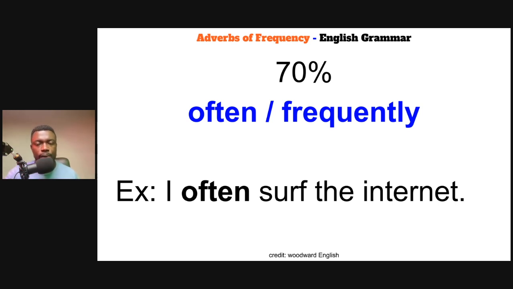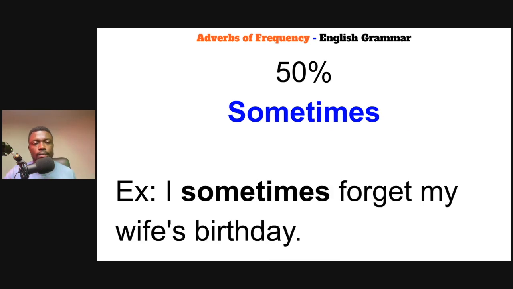Do you understand what it means to surf the internet? It means on a computer or a phone, you do research or browse many pages and websites. So, I often do it.